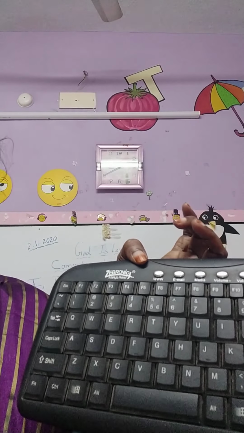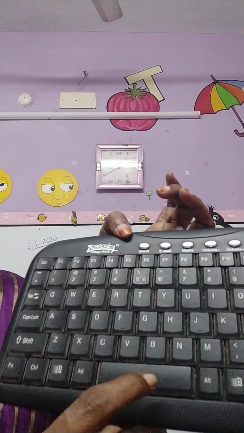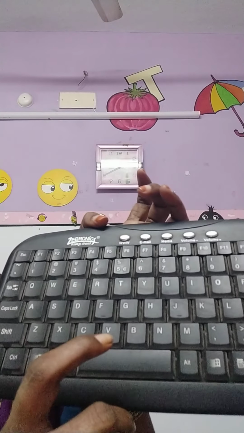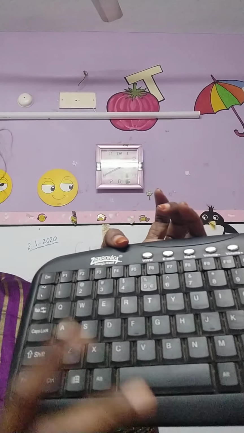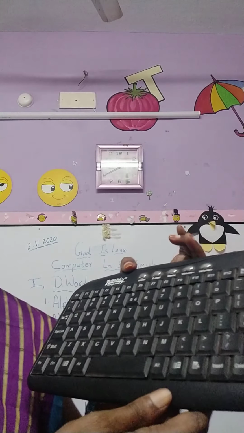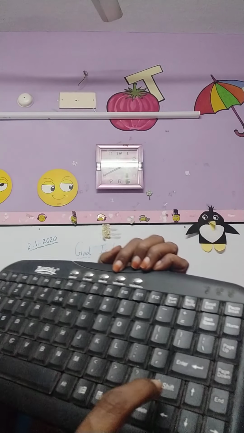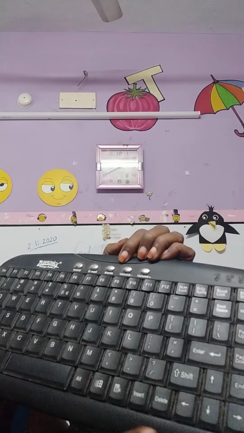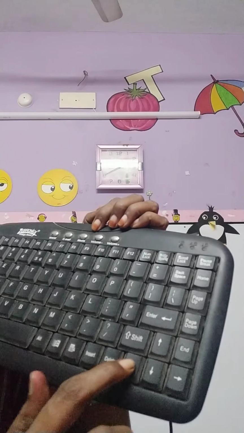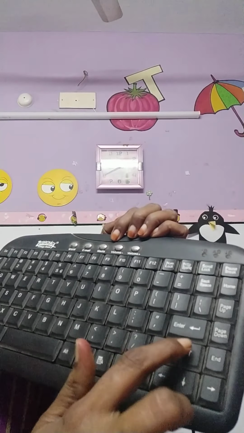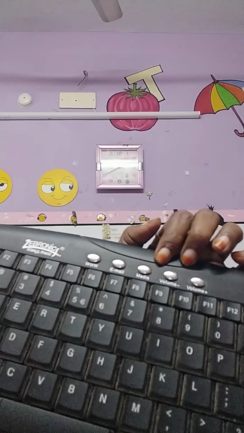This is the space bar key. If you touch it, it will leave space between two words dear. Okay. And see here, here also shift, enter, and arrow keys are there dear. How many arrow keys? 4 arrow keys for 4 directions. Okay dear?